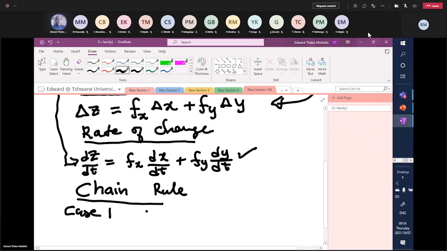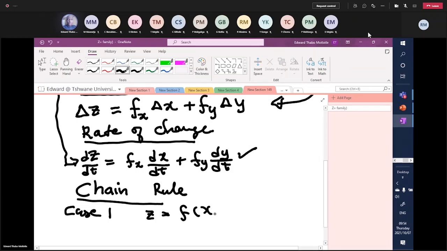Let's say you are given a function z equals f(x, y), and x is itself a function of t, let's say g(t), and then y also is a function of t. So this is the scenario here.